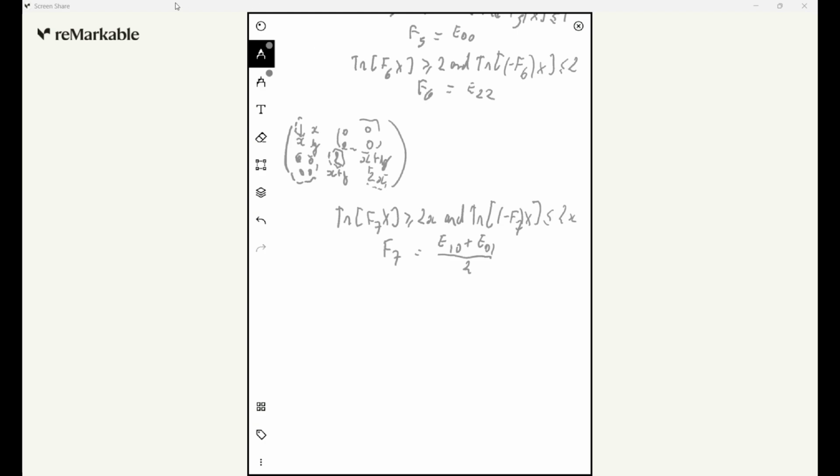Yes, that's it. Or more, maybe trace f7 of x inferior to 0, or trace minus f7 of x inferior to 0.